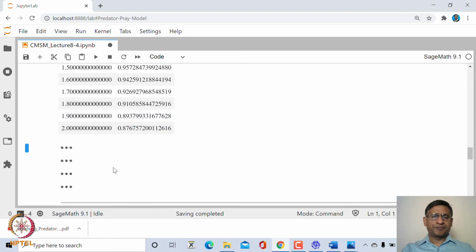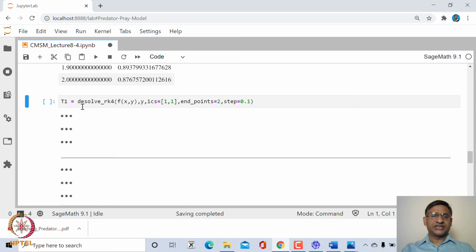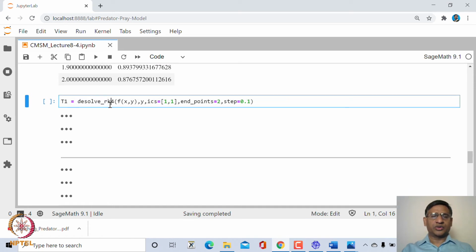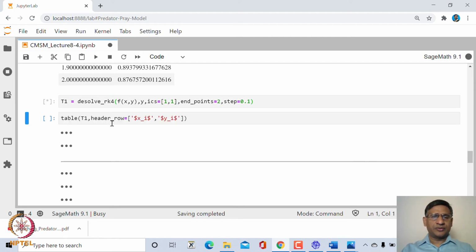And let us use the inbuilt function. We saw that Sage has an inbuilt function called desolve_rk4. So let us call this method. So f(x, y), you want to solve with respect to y. Initial conditions are 1, 1, that is y at 1 is 1, end point is 2, step size is 0.1, and then when you again tabulate this value, we should obtain, just a second, it takes, okay, now it has done.